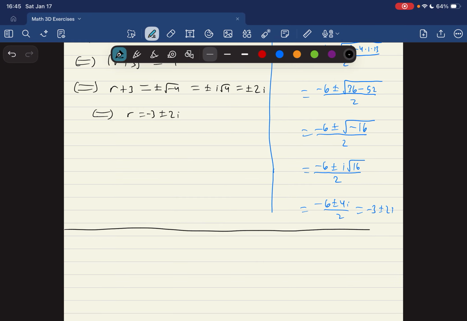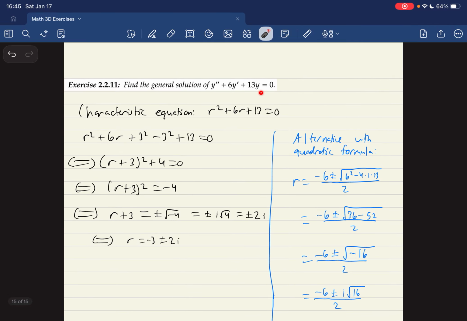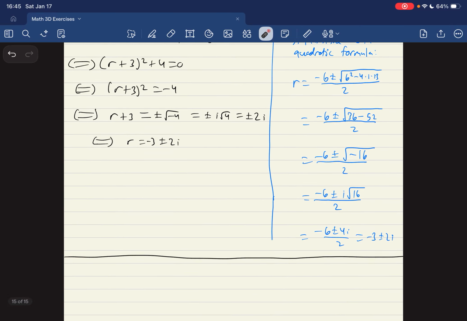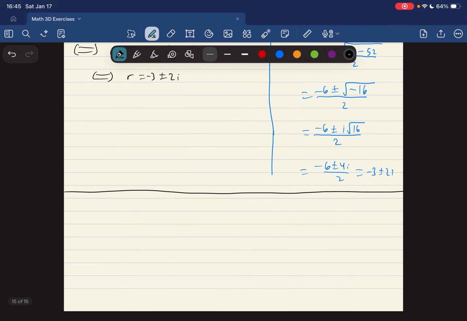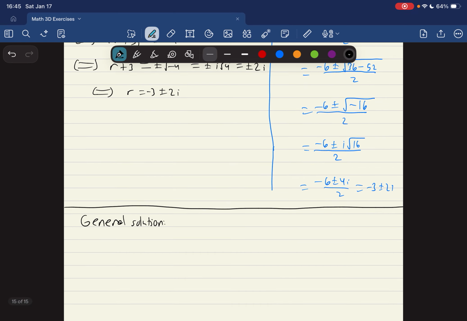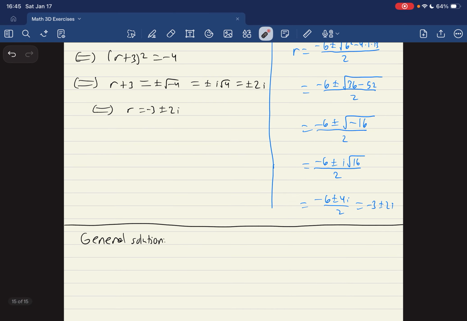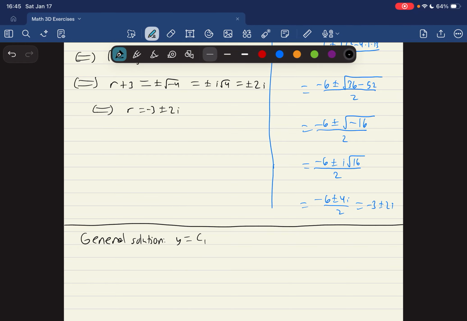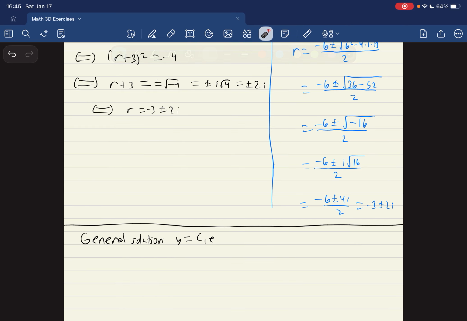Now, how do we write the general solution to our differential equation when we have imaginary roots like this? What we're going to do is, so let me write this. What we're going to do is, same thing, we still have one constant for the first term, and we're going to take e, and we're raising it to what's called the real part of our complex roots.